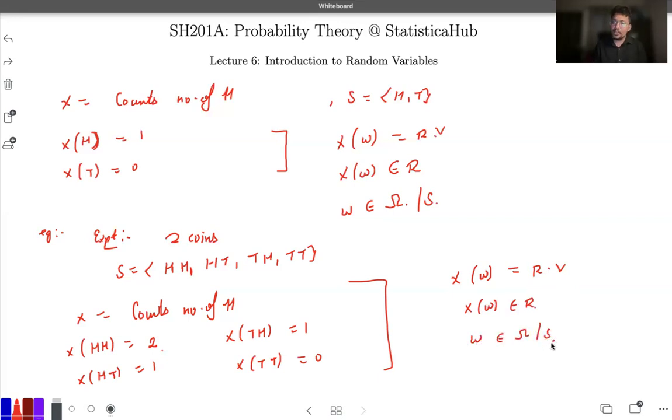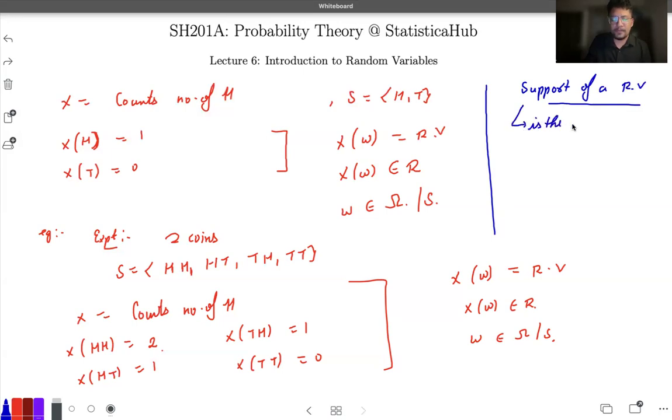Okay. Now there is one more concept that we can take through in this particular lecture: the support of a random variable. Technically, support is the set of all the possible values of a random variable.